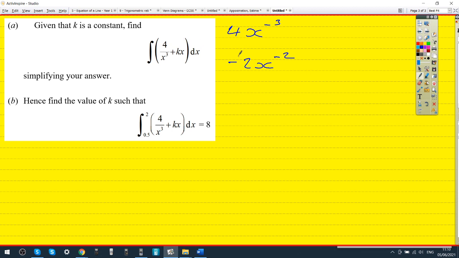Plus 2kx squared. I believe 1 over 2 kx squared. So that's kx divided by the new power. Oh, you divide by 2. Yeah. And plus c. Well done.